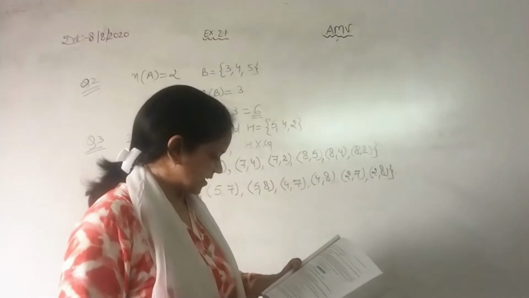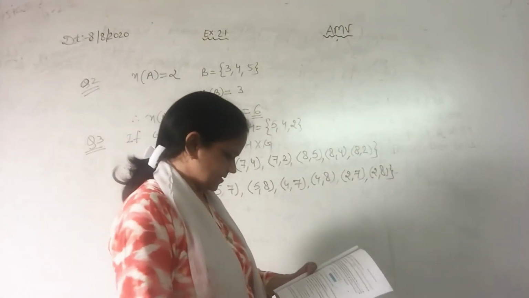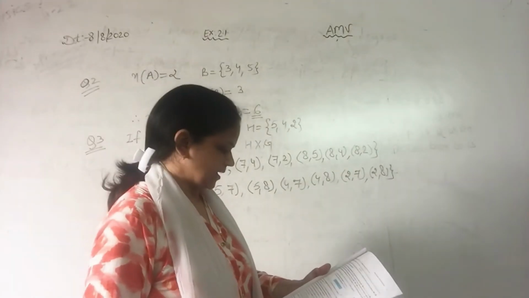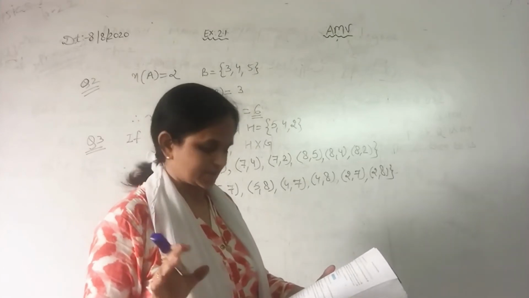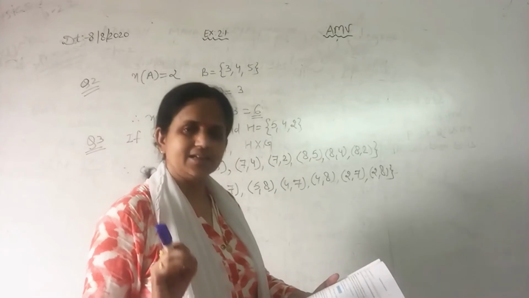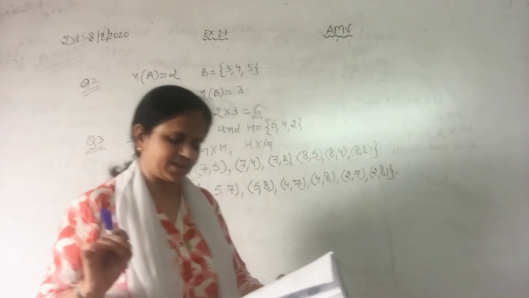Okay. Now the next question is question number 4. State whether each of the following statements is true or false. If the statement is false, rewrite the given statement correctly.